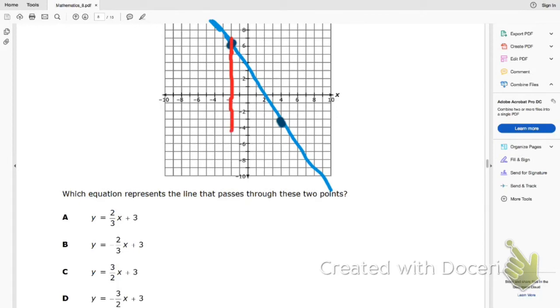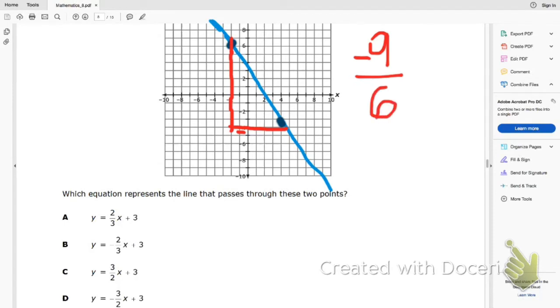Make sure you're counting down, and then you're going to go over 1, 2, 3, 4, 5, 6. So down 9, making it a negative, over 6. Okay, so down 9 over 6.